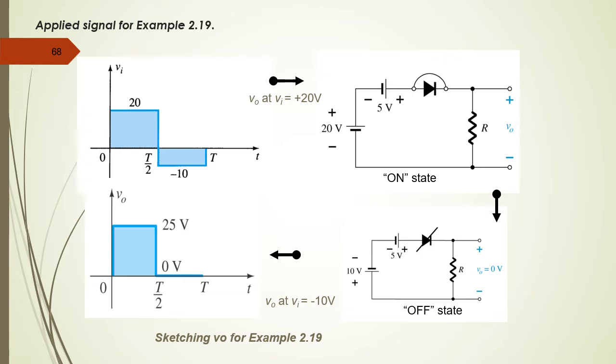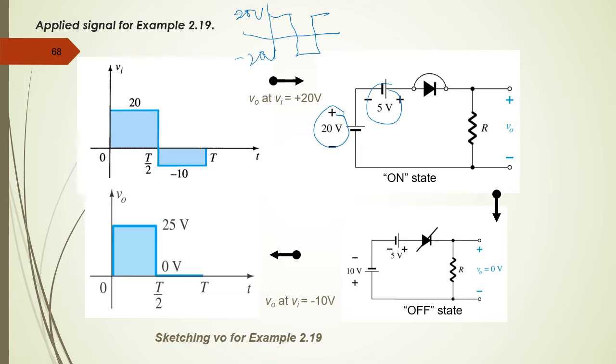It is something like this. This is 20 volt, this is minus 20 volt. What will happen is when you have 20 volt, you have 5.